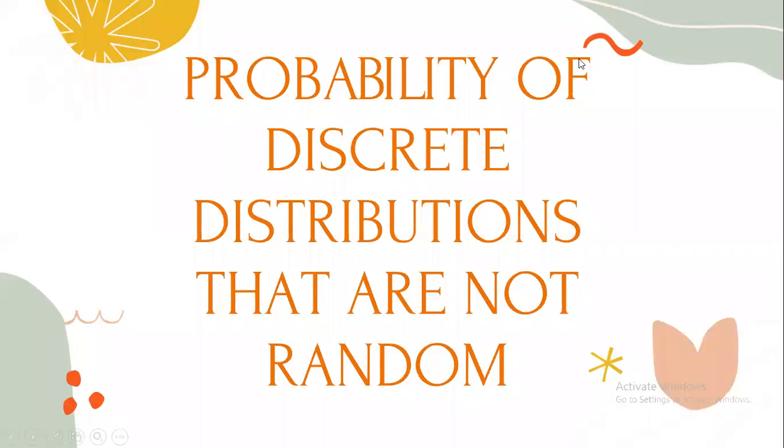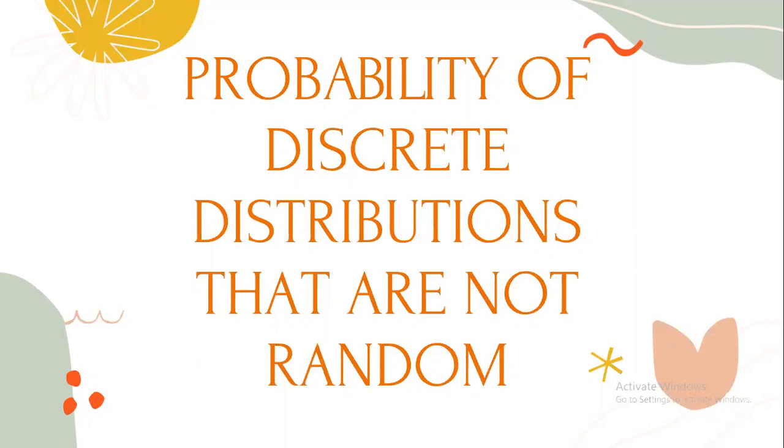Okay, so the difference between a discrete uniform distribution and a discrete random distribution is that when we were talking about, let's say, the rolling of the dice, there was an equal probability of getting a 1, a 2, a 3, a 4, a 5, or a 6. But that's not always the case.